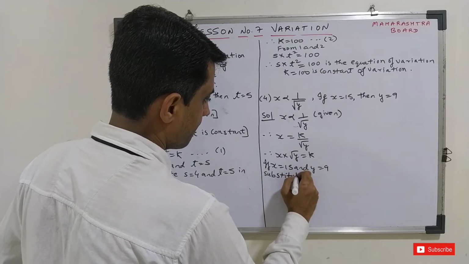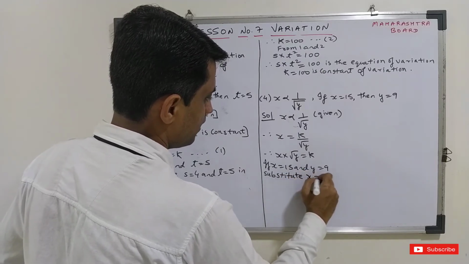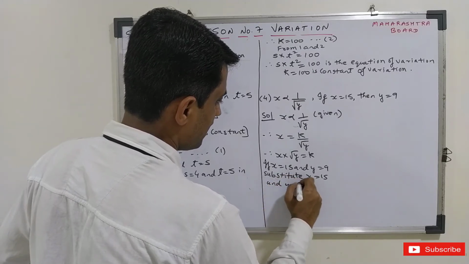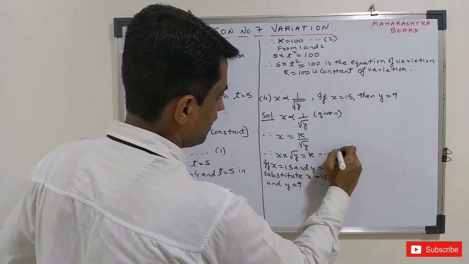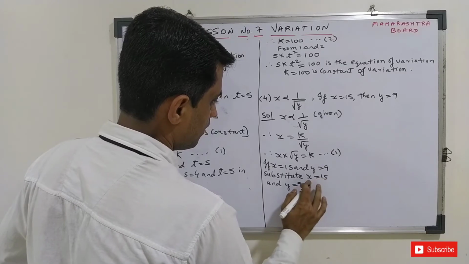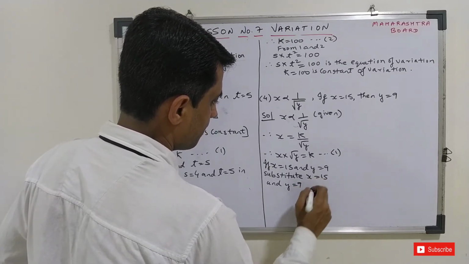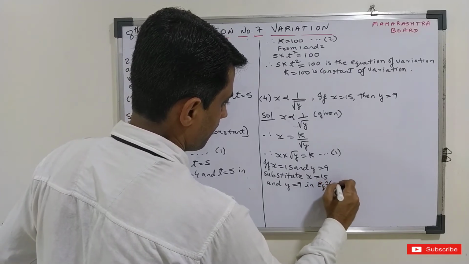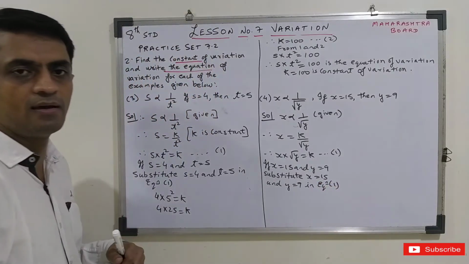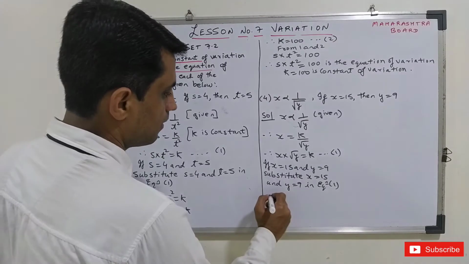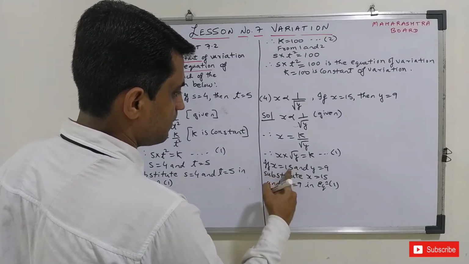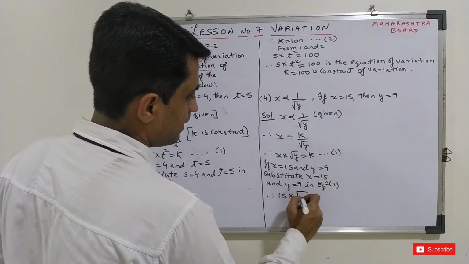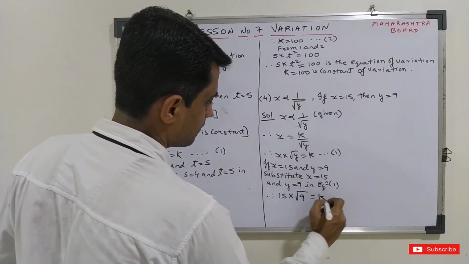substitute x is equal to 15 and y is equal to 9 in equation 1. I am not writing the full spelling here, I am writing a shortcut. So in place of x, 15 comes, and in place of y, 9.